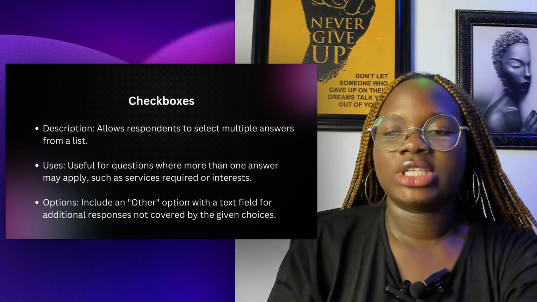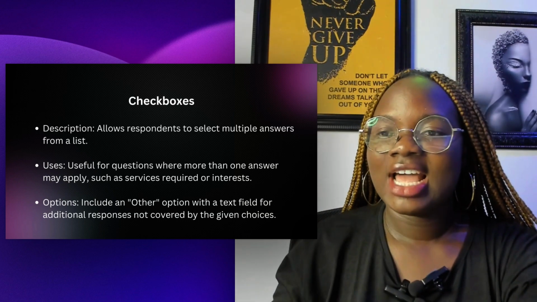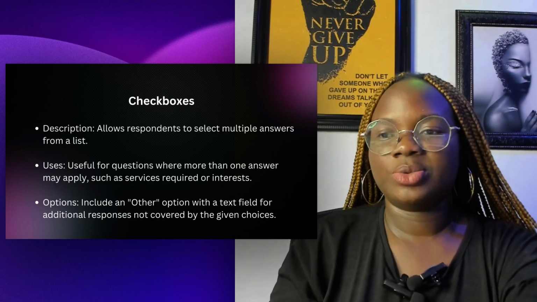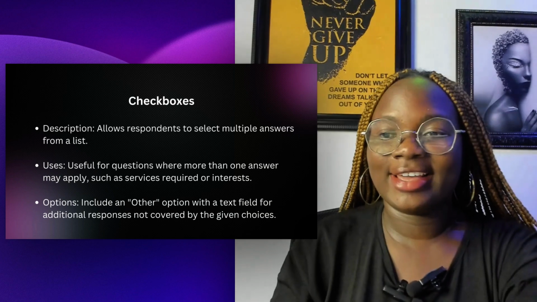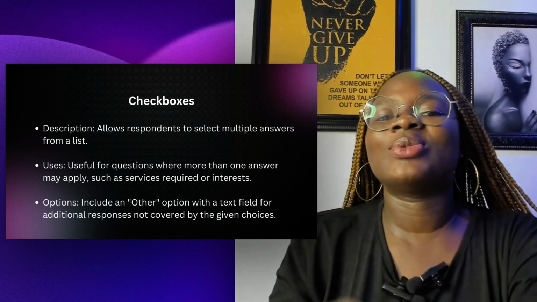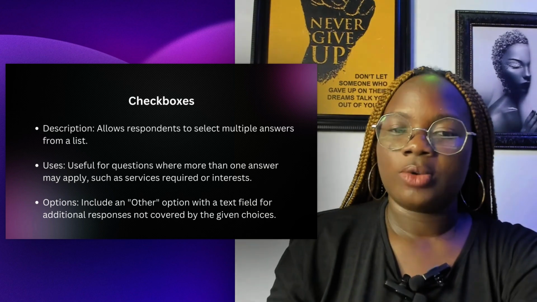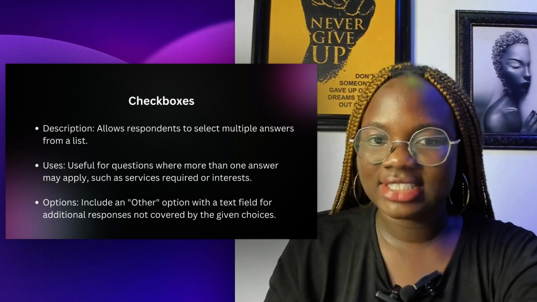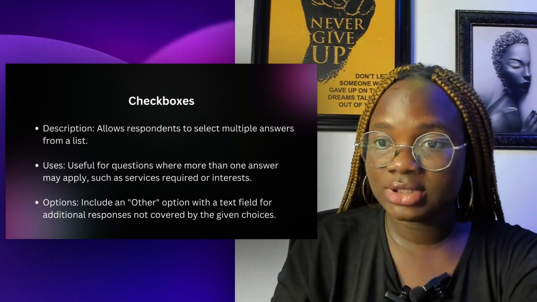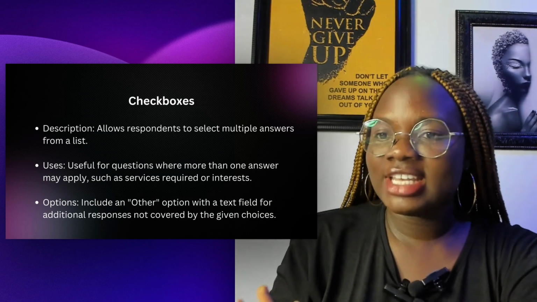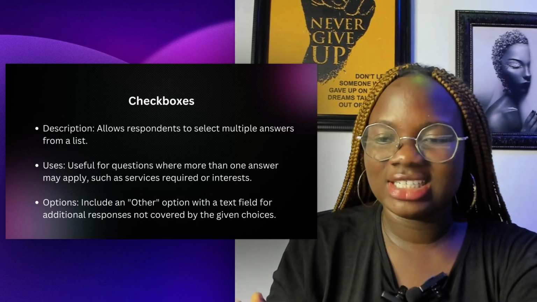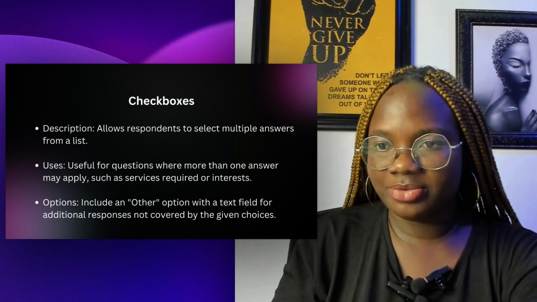That means you can allow them to put in whichever option is not in the options you have provided. Okay, I hope I'm not confusing you. So what I mean is that you can add in an other option whereby they can type in the option that they are opting for, even if that option is not in the list of options you have provided.